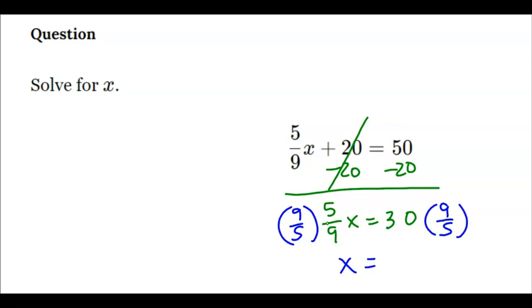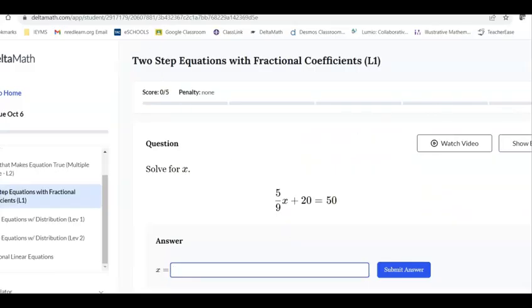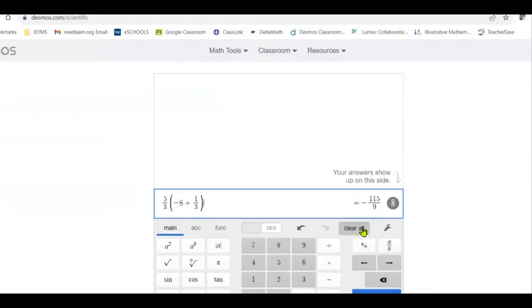Again, you can use your calculator to help you compute 30 times 9/5 if you don't want to do the math mentally. Right? So I can do this math mentally as well. But if I needed to do it by using a calculator, you can use your handheld calculator, or you can use an online calculator, such as the Desmos Scientific.